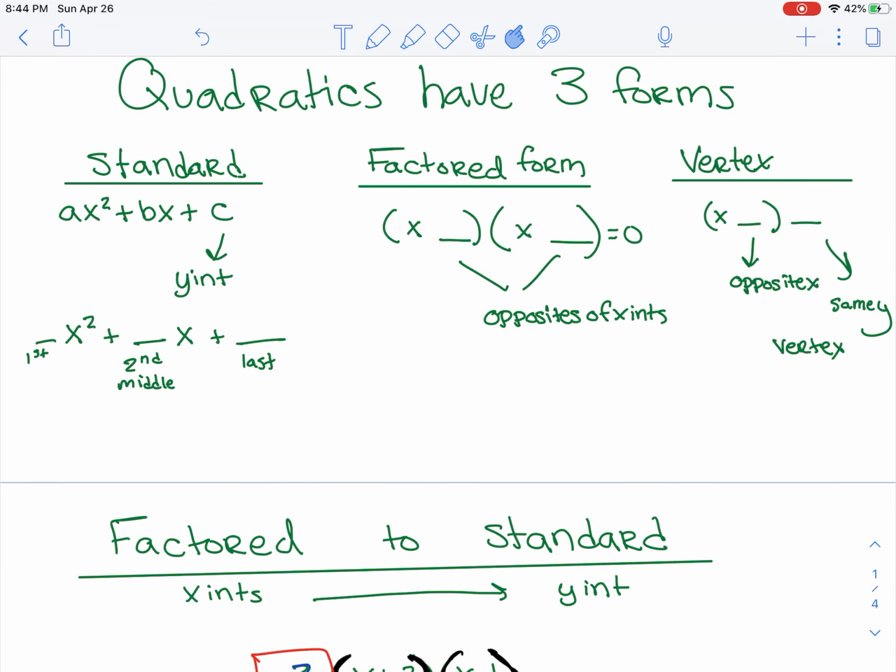Quadratics have 3 forms. They have the standard form, which is ax squared plus bx plus c. I often refer to this as the first, the middle, and the last instead of the ABC version.